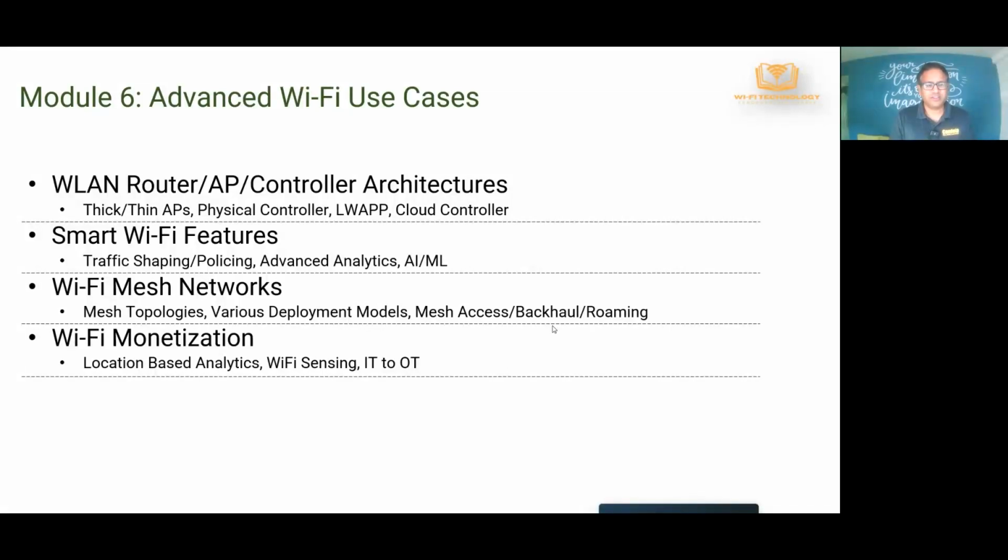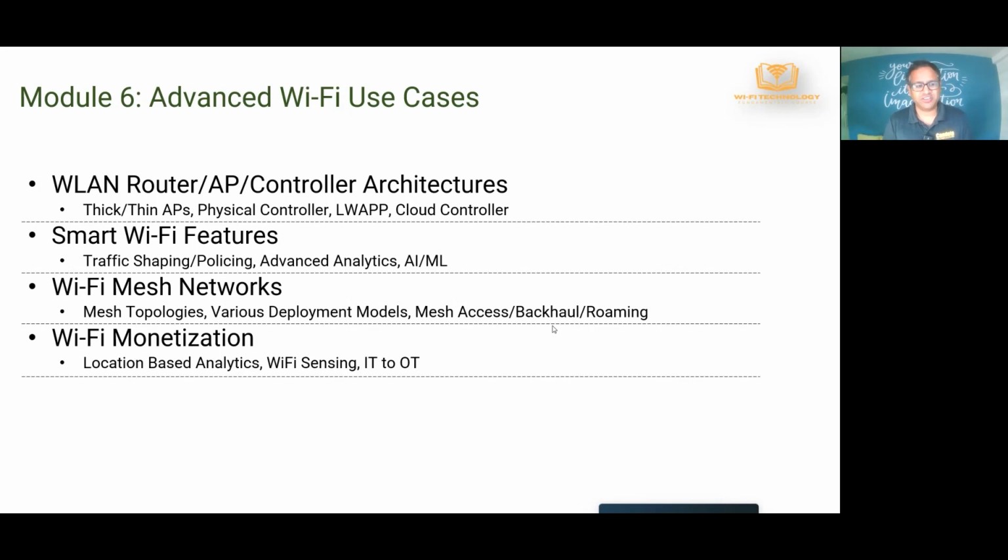And then the next 3 sessions are going to cover other more advanced use cases like smart Wi-Fi features, and mesh networks that are very popular both in the enterprise and in the residential deployments. We're going to go into detail about that. And also in the last session, we're going to talk about Wi-Fi monetization, how Wi-Fi technology has really helped improve operations of enterprises, and how IT really helped with operational technology.